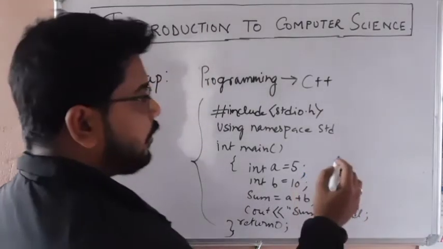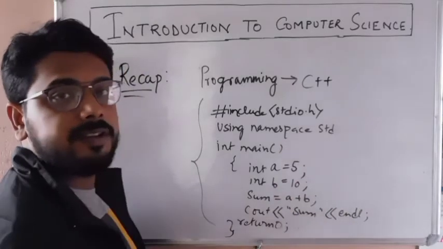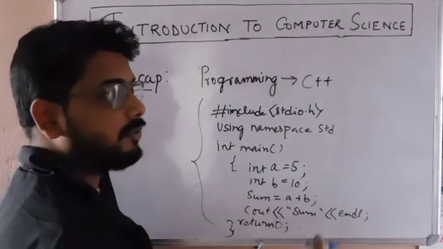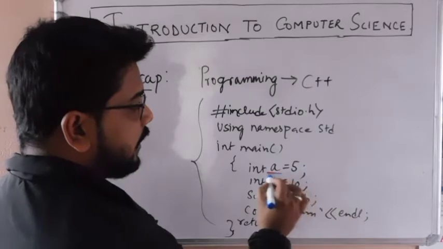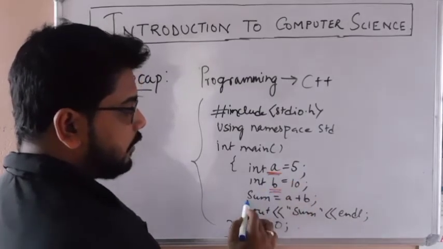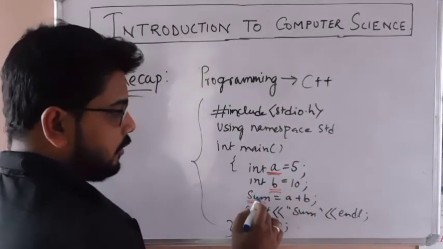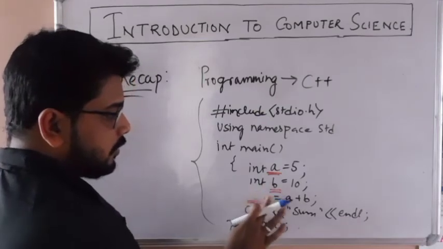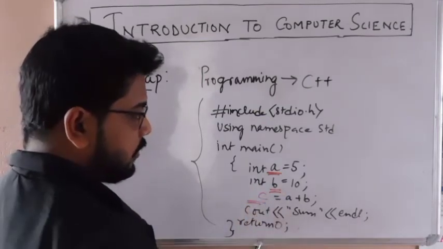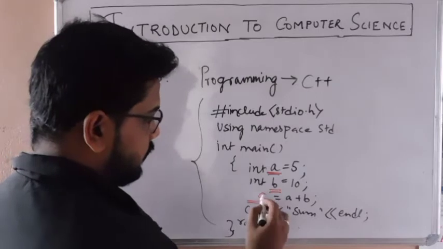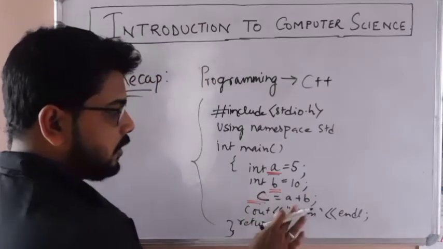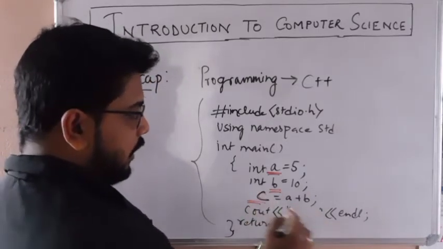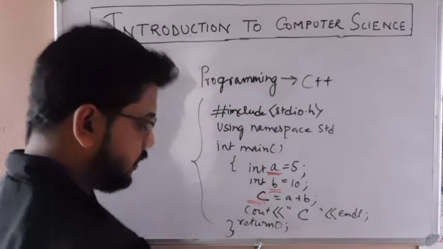So A is the first variable, B is the second variable, and this sum, let me replace with C. So C equal to A plus B. Then I will display C and return 0.